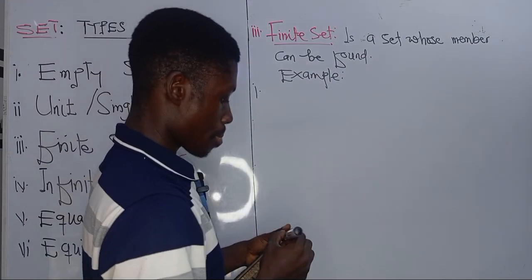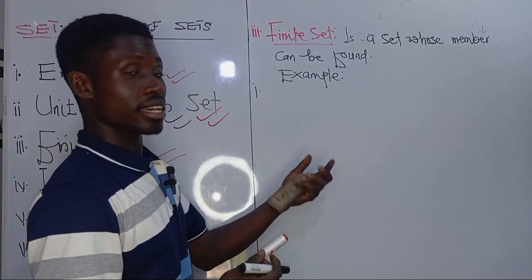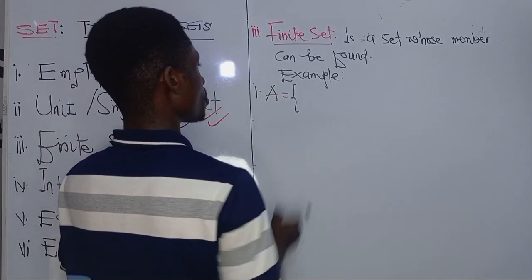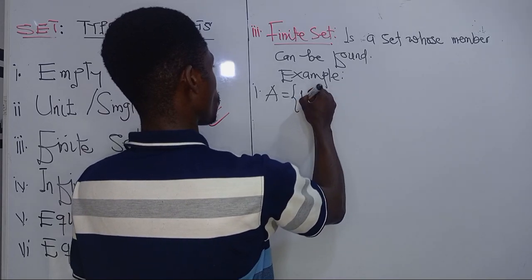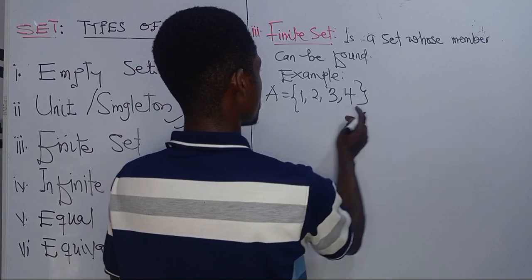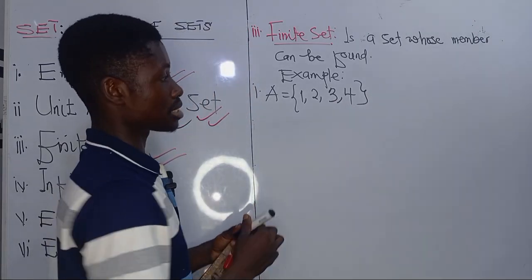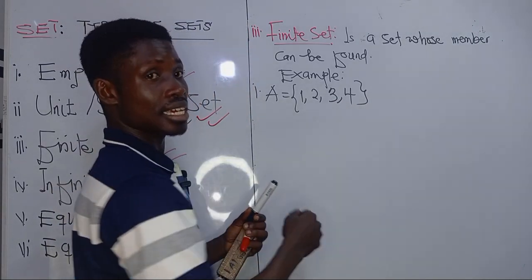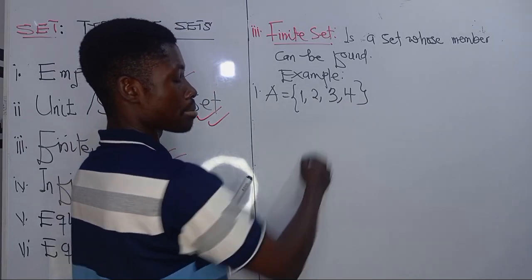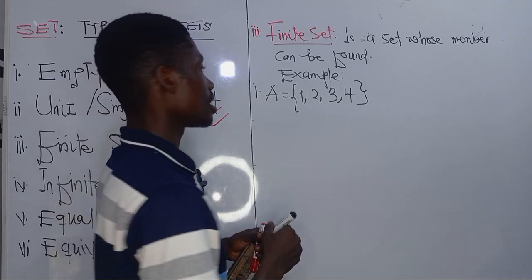So an example of a finite set, we can talk of, let's say you have set A, which contains the elements 1, 2, 3, and then 4. Now this is a finite set because the last member or element can be found, and the last element is what? 4. So this set becomes a finite set. Good.